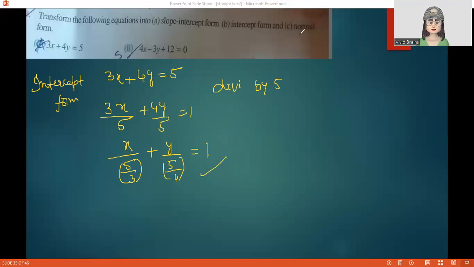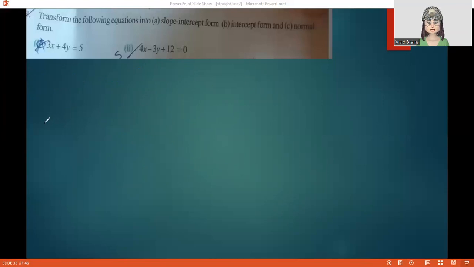Next, let us do the normal form. Normal form, x cos alpha plus y sin alpha is equal to p. The given equation is 3x plus 4y is equal to 5.